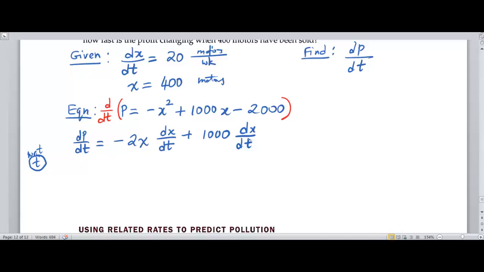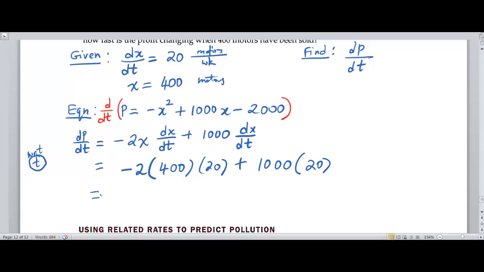Okay. Now I can just plug and chug, right? Minus 2 times 400 times dx/dt, which is 20, plus 1000, and then what is dx/dt? 20.